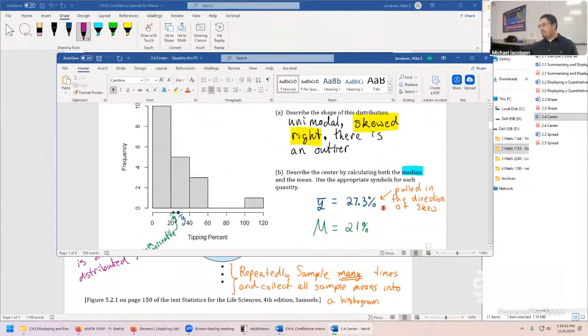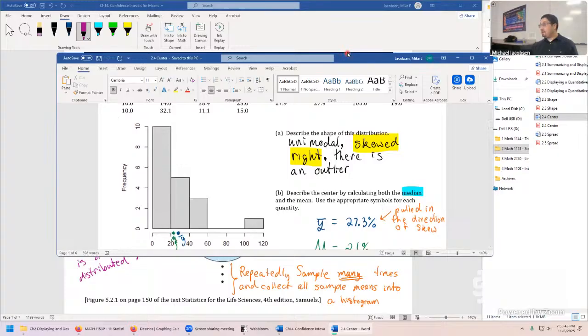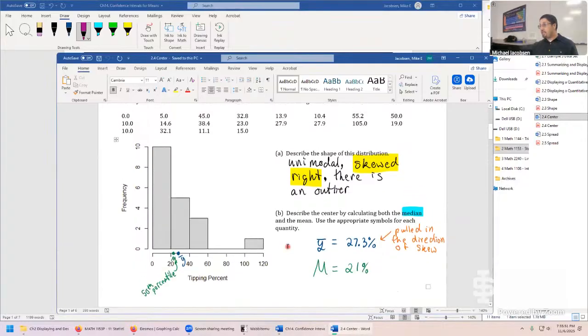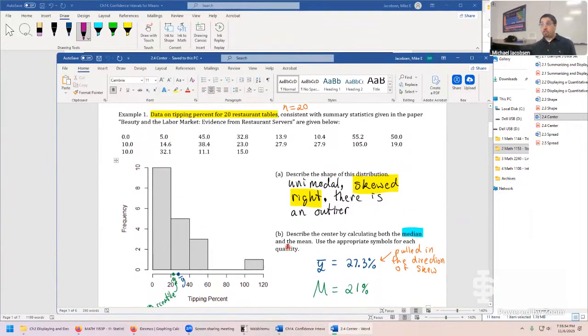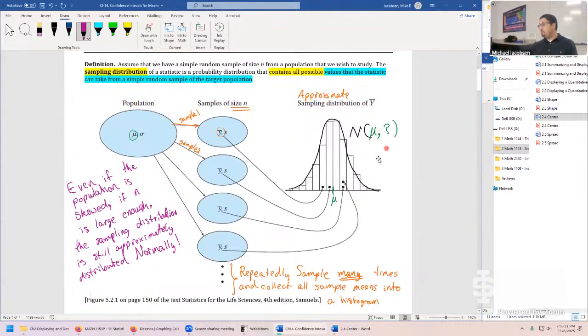this one. If this is the problem you're studying, a large enough sample size can overcome the skew that we would expect to see in the population. We expect the underlying population is skewed. If we take a random sample of 20 and get this picture, probably the underlying population is skewed as well. But if our sample size is large enough, we can overcome the skew, and the statistic, the Y bars that we get, are still coming from the normal distribution.